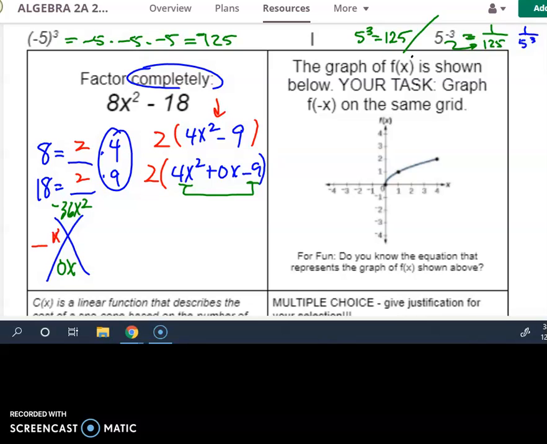So for our x terms, to get a 36 at the top being negative and a 0 at the bottom, both of you chose 6x and -6x. So we have 4x squared minus 9, and then bringing over the 6x and the -6x from our diamond.